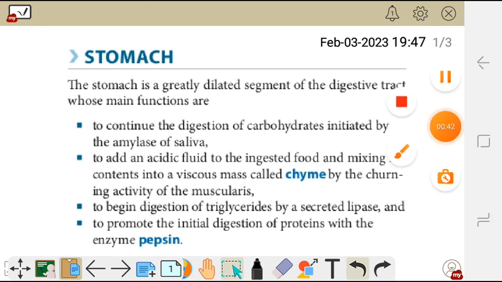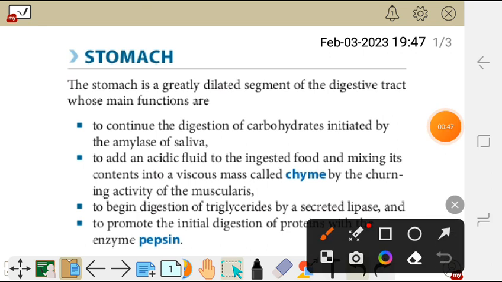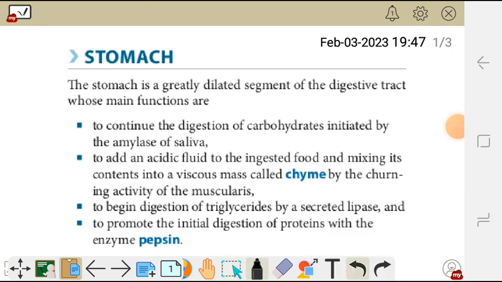Without wasting much of your time, the stomach is simply a dilated segment of the digestive tract, whose main functions are as follows. Some of the functions of the stomach is to continue the digestion of the carbohydrates, which are initiated by the amylase of saliva.